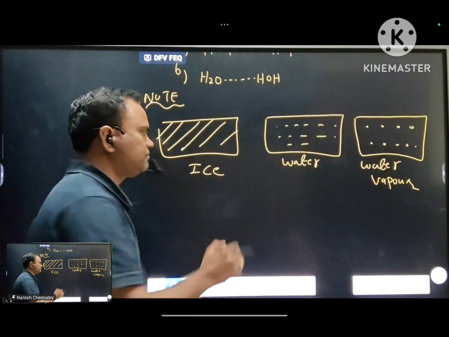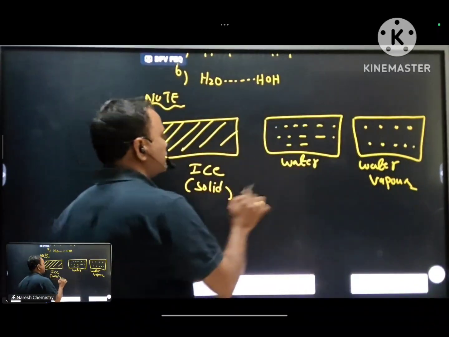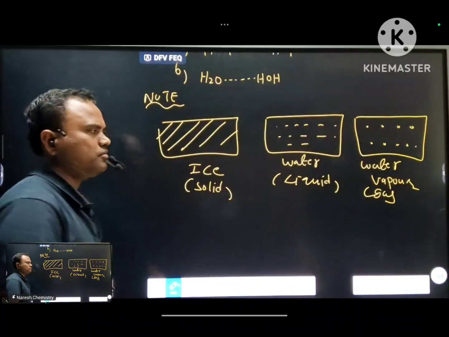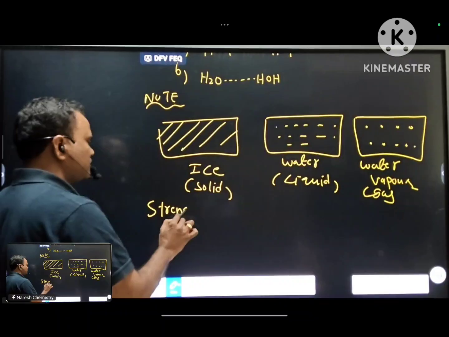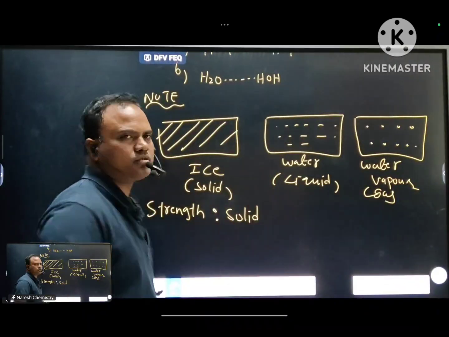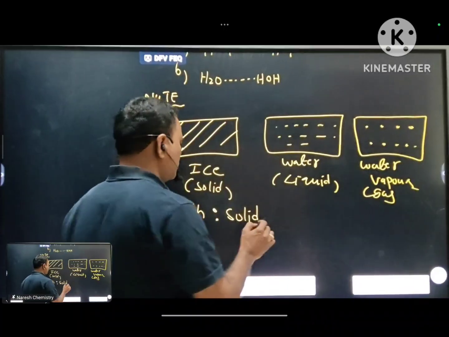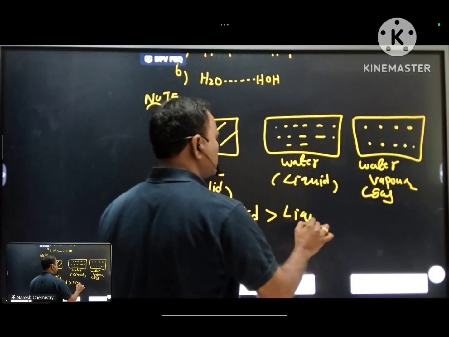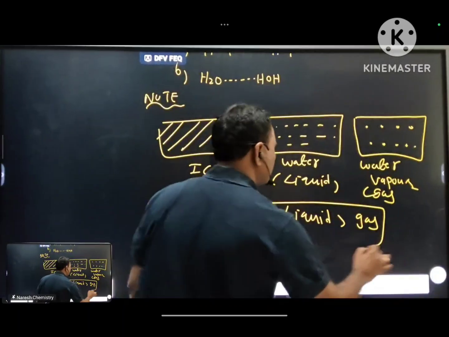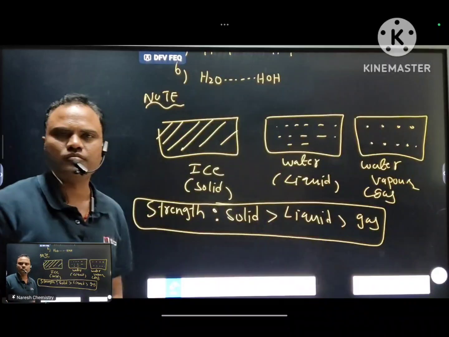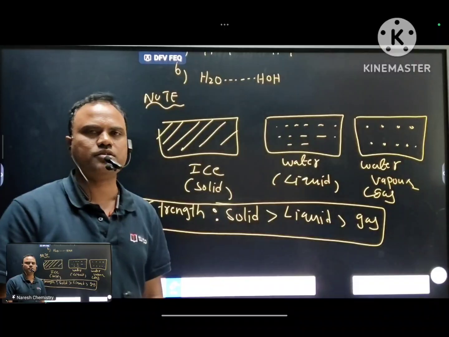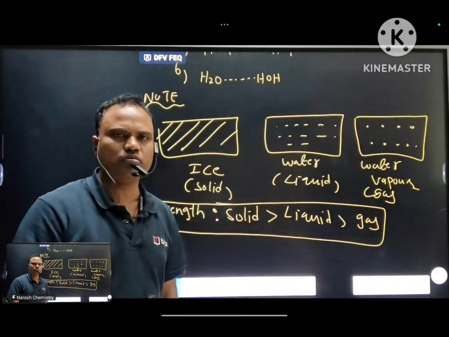Ice means solid or liquid? Solid. For one substance, in its solid state the extent of hydrogen bonding is more. Solid is greater than liquid, and in gas it is very little. So for water in its solid state, ice, the strength of hydrogen bonding is more.